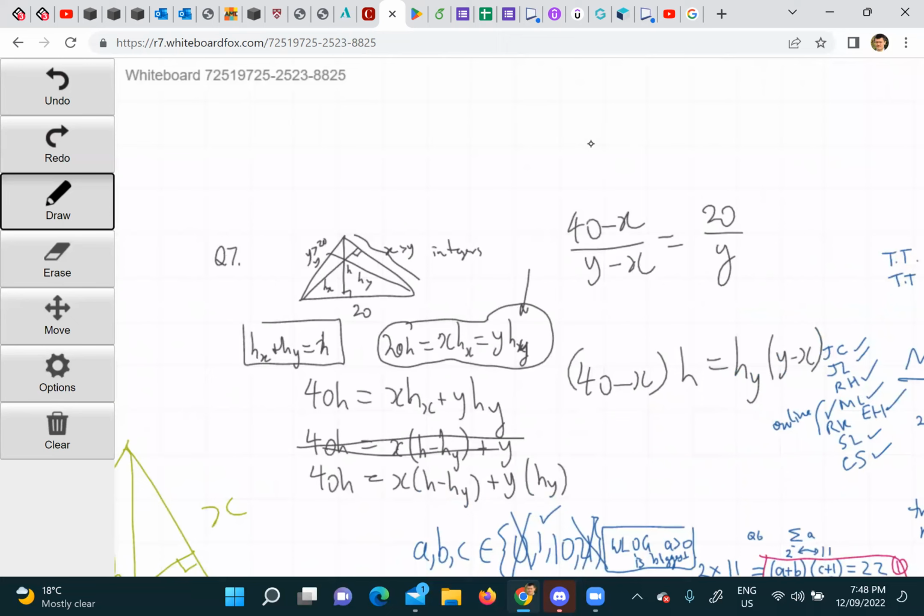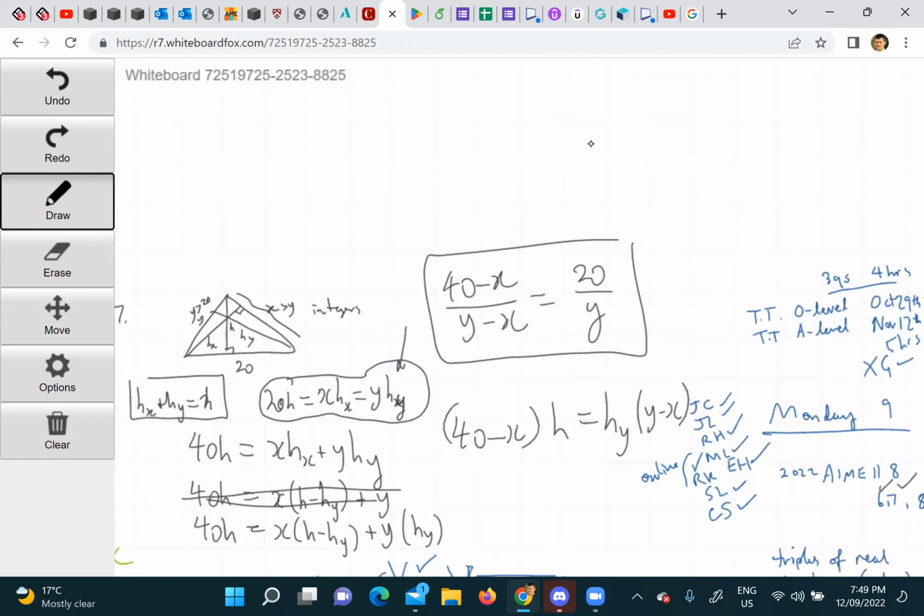Okay, so now the point is we get a Diophantine equation, a symmetric one at that. Symmetric means if you swap x and y, it's the same equation.